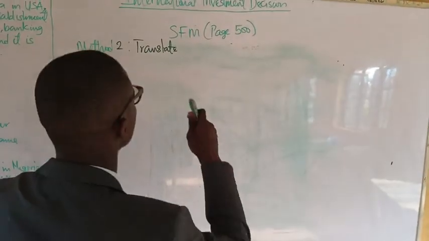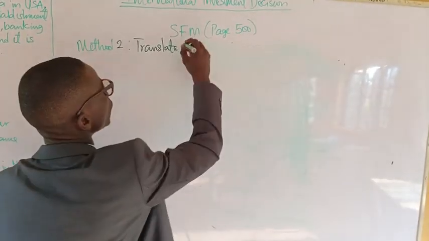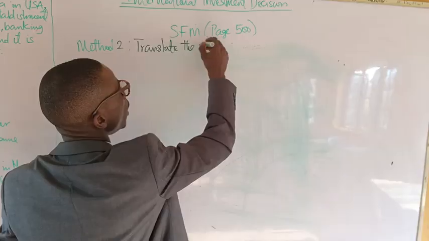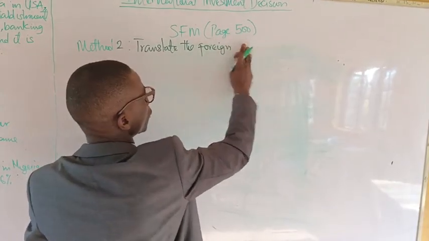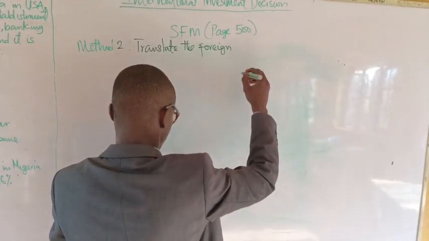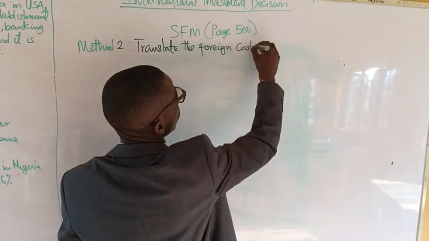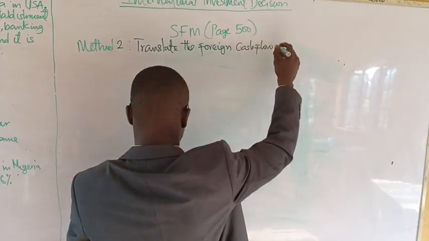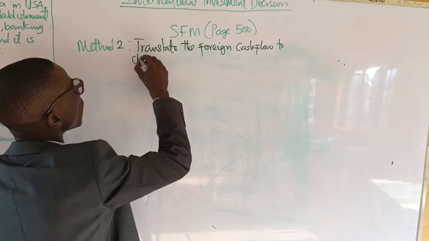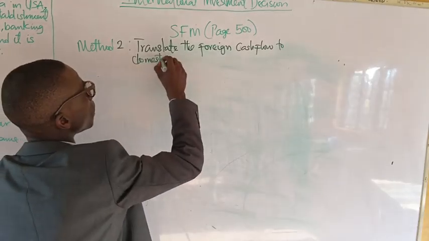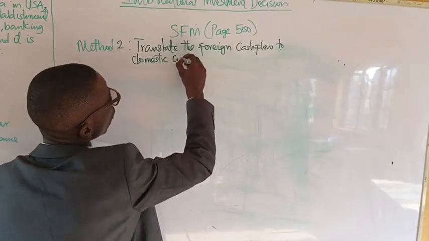So we want to solve method 2 now using the same question. But method 2 says translate the foreign cash flow to domestic currency.